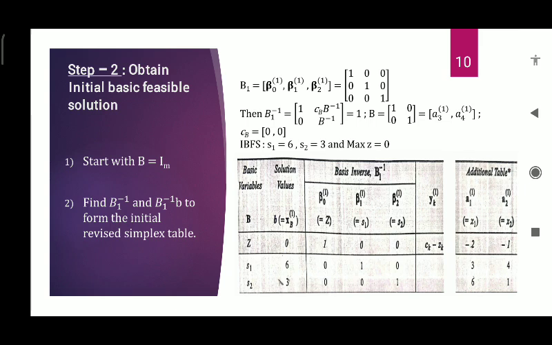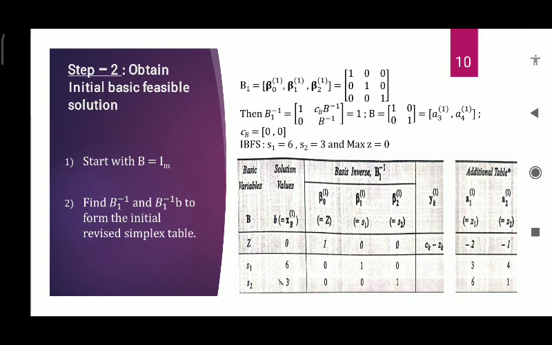and the solution values are, as you already know, the b column 0, 6, 3. Then the basis inverse B1 inverse is beta 0 upon 1, beta 1 upon 1, beta 2 upon 1, which is nothing but the column vectors for z, s1, s2, whose values are 1 0 0, 0 1 0, 0 0 1, namely an identity matrix of order 3. And the last column is Y_k upon 1, which can be denoted as c_k minus z_k.